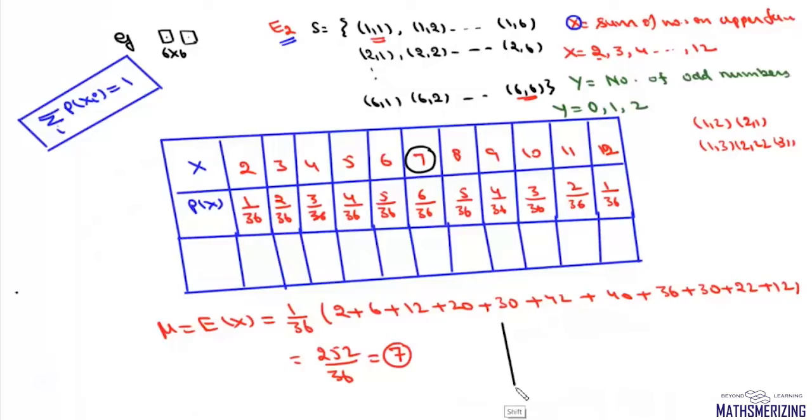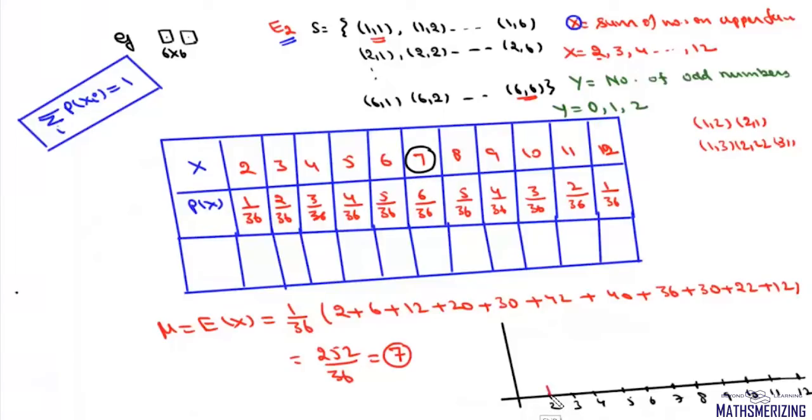Now if we draw this probability distribution, it has values 2, 3, 4, 5, 6, 7, 8, 9, 10, 11 and 12.